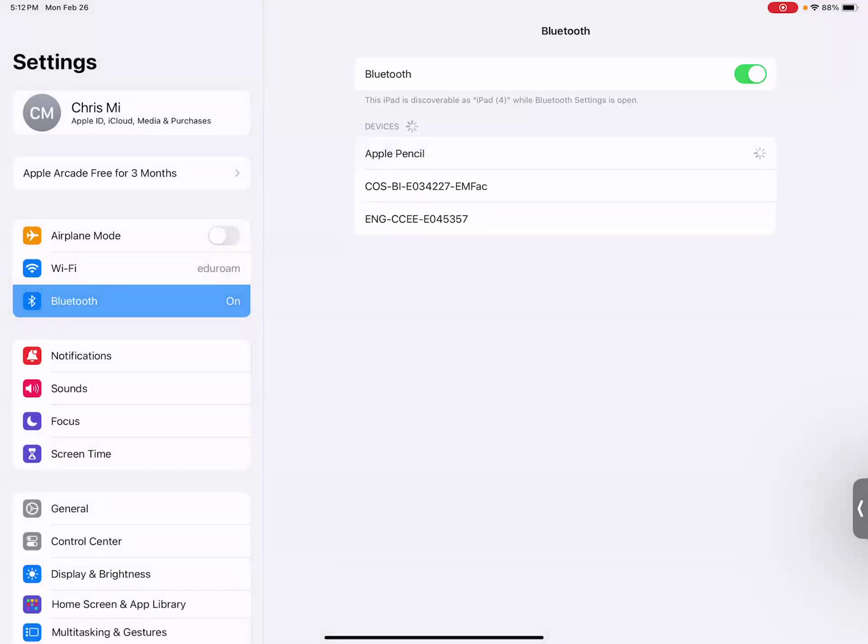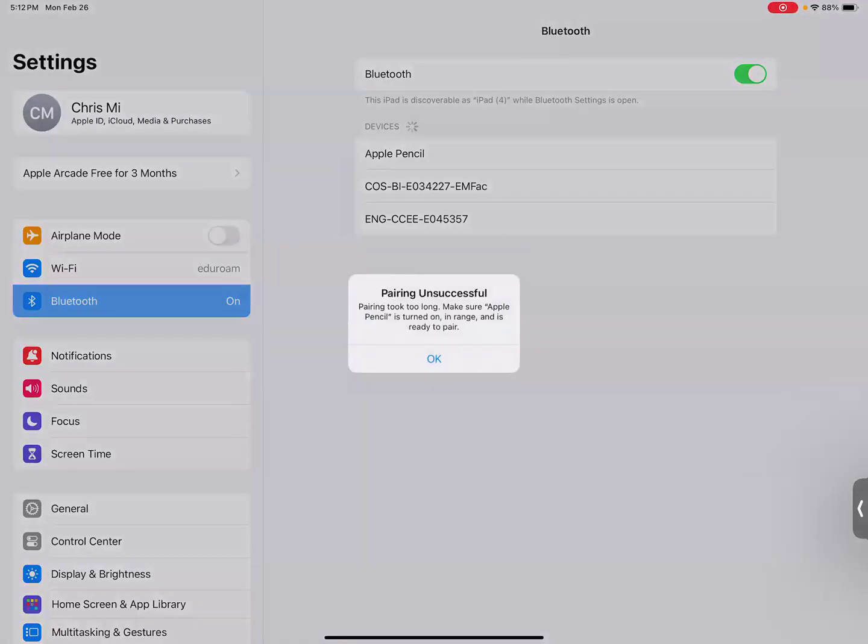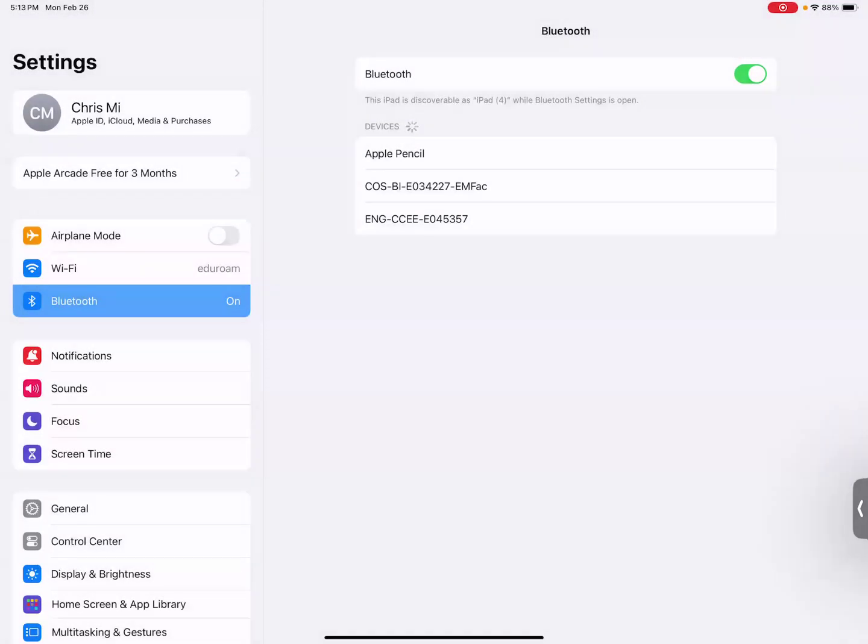Apple Pencil, and then we'll add it. Do we need to do something on here? Do we double click or something? Okay. If it doesn't write, can I borrow somebody else's pen?